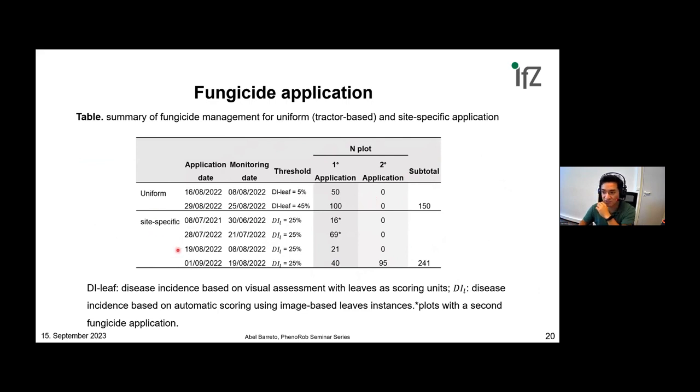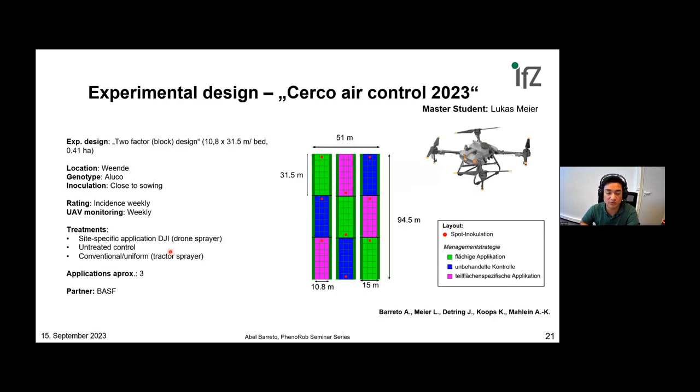So we apply more in the site-specific at the end, but we realized that the thresholds and a combination of different thresholds should be established in the future for a more accurate protocol of fungicide management. This is actually what we propose for the year 2023 by learning about the results of 2022.